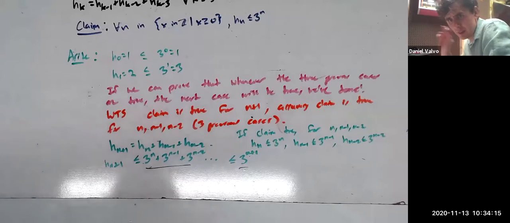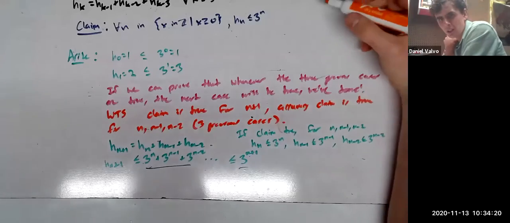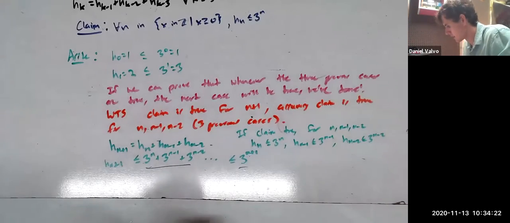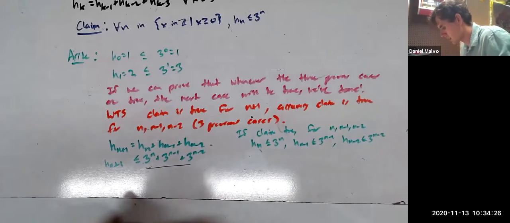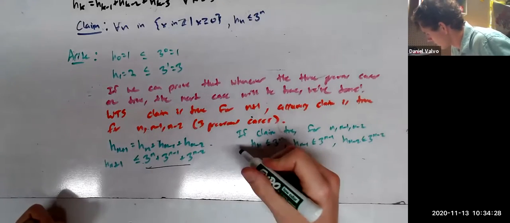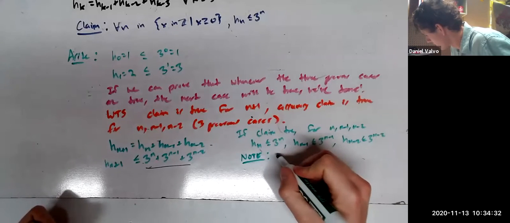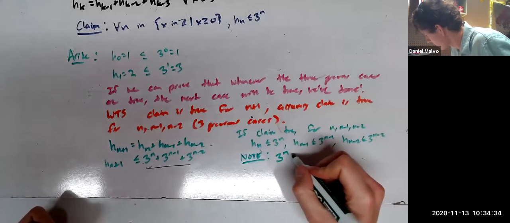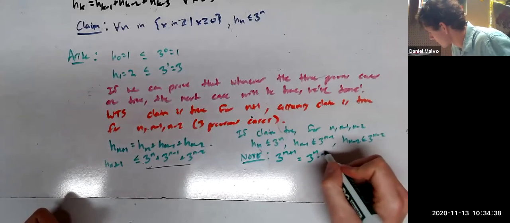Here's the thing to notice. Three to the n plus 1 equals 3 to the n times 3 to the 1.